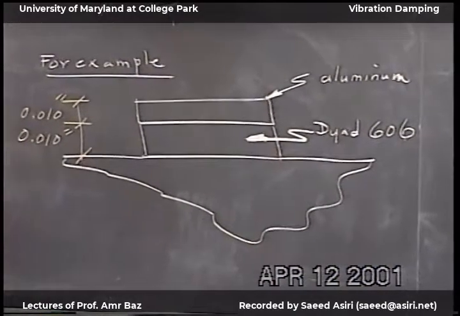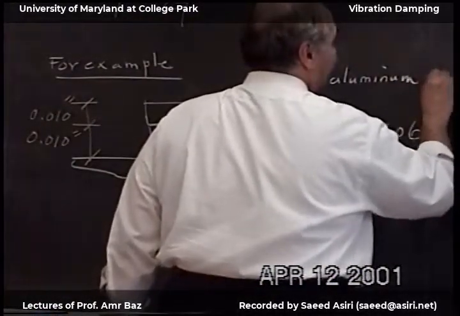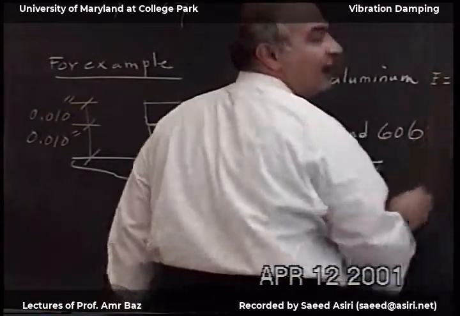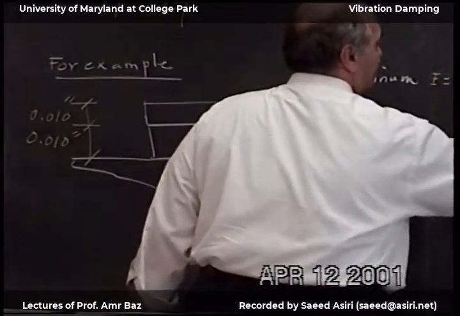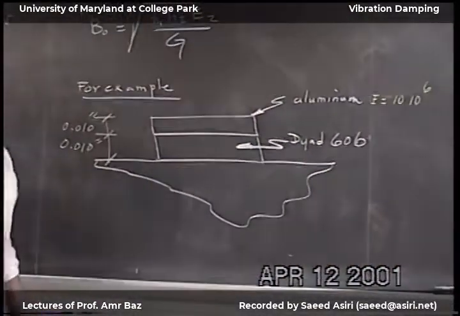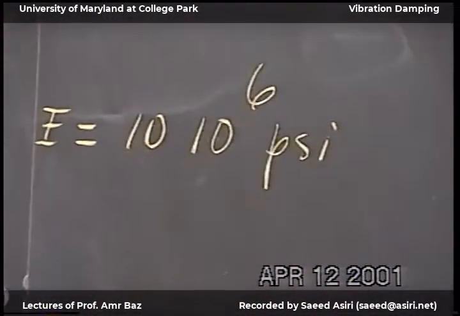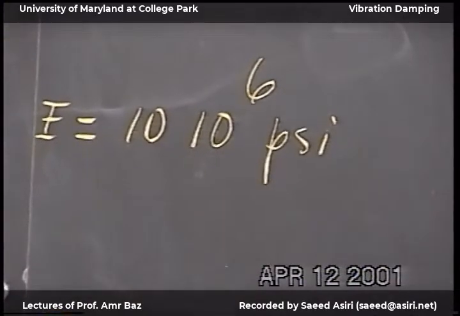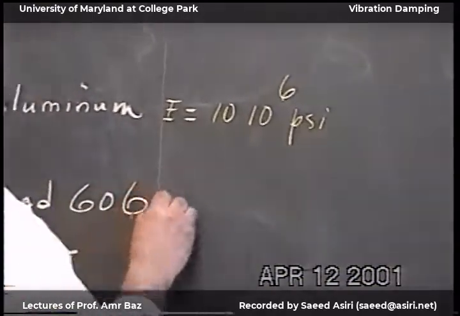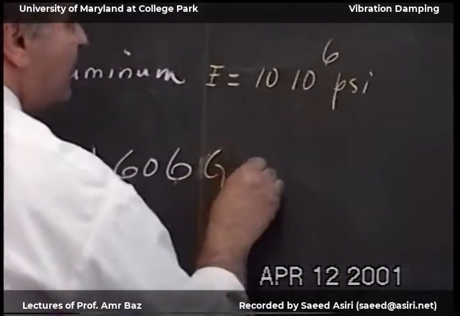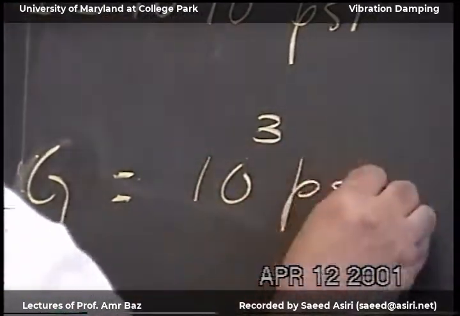And this is typical. Aluminum's Young's modulus, I'll just make it very simple, I'll make this 10 to the 6 PSI. And the DYAD 606, for most of the range that we were working with for maximum loss factor, has G. If you look back in the homework problems, you'll see that this is 10 cubed pounds per square inch.